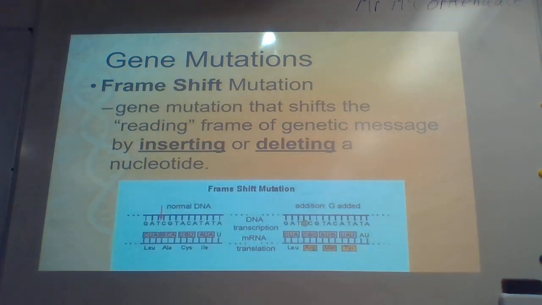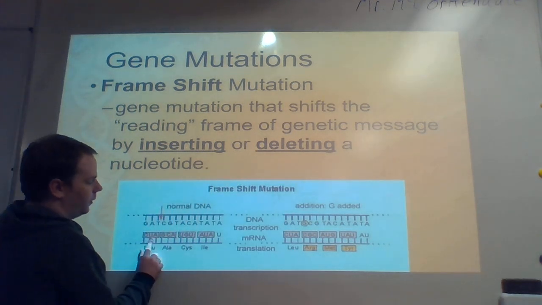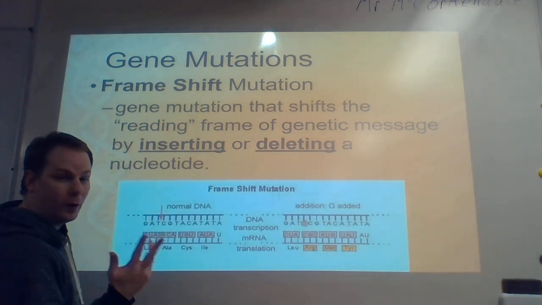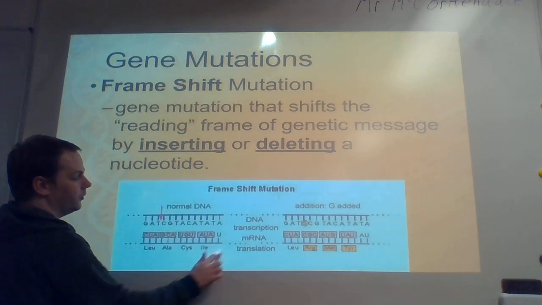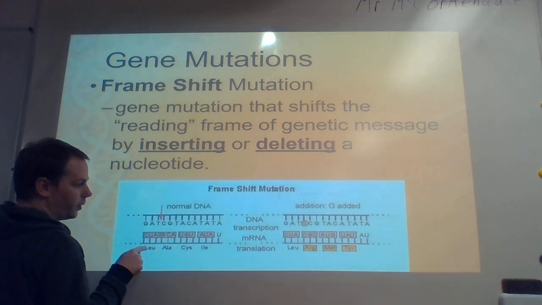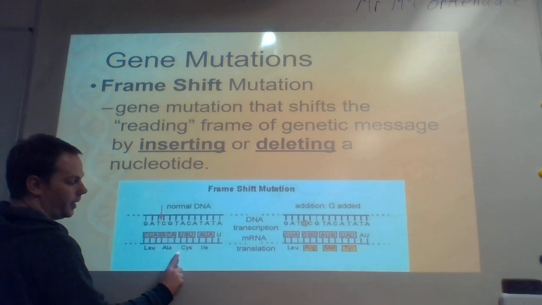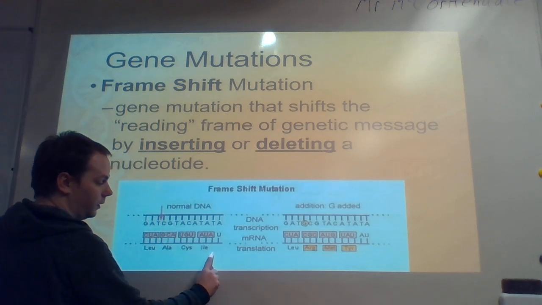So frame shifting is when one is added or lost. So here, and I'll just kind of illustrate why this is a big deal. Here's a normal DNA strand. Okay? So our codons from our mRNA strand would be leucine, ALA, cysteine, and ILE.